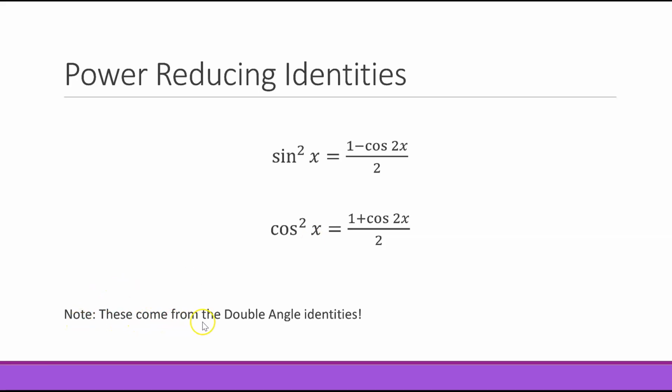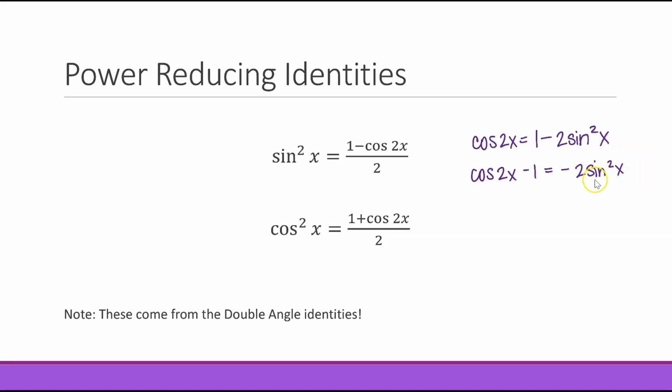Now, these come from the double angle identities. That's why we're talking about them in this section. So to show that, I'm going to start with one version of my double angle identity for cosine. So cosine of 2x is 1 minus 2 sine squared x. If I solve this for sine, I'm going to get cosine 2x minus 1 equals negative 2 sine squared x.